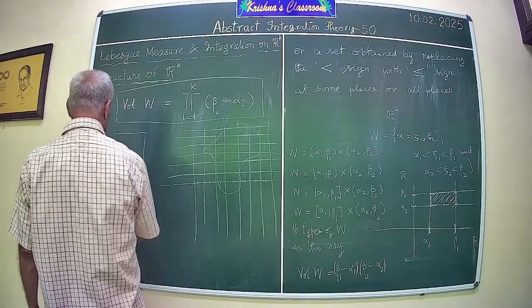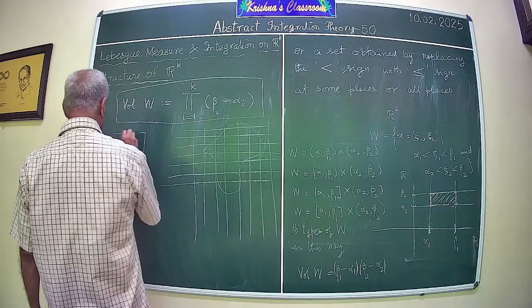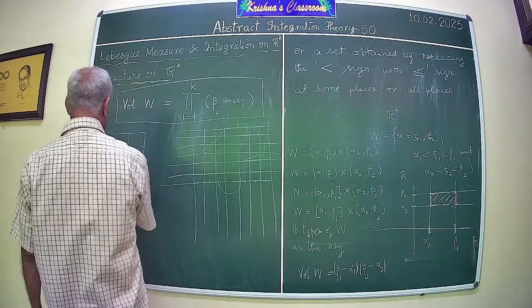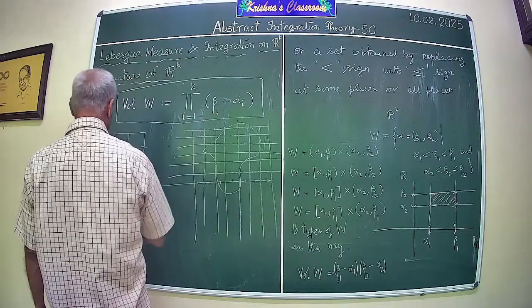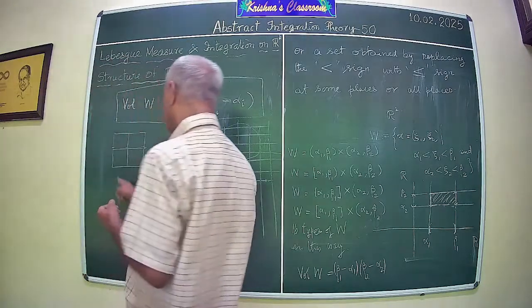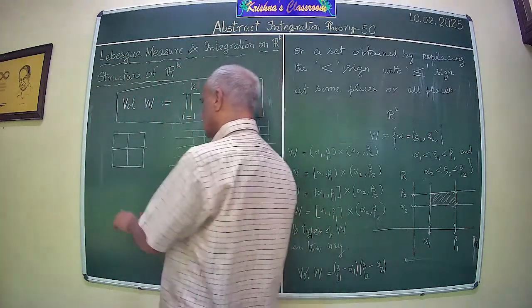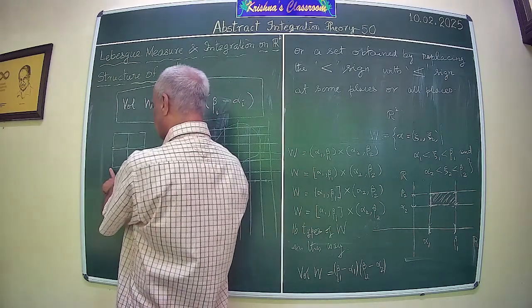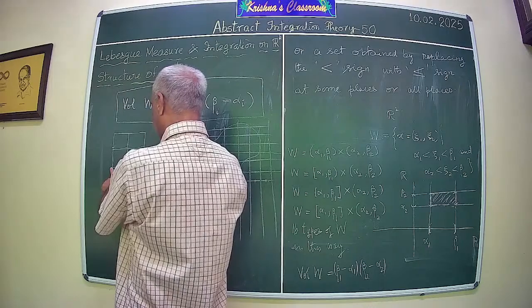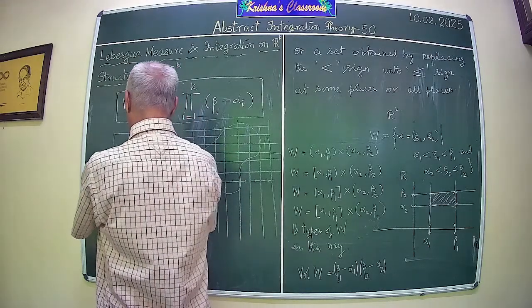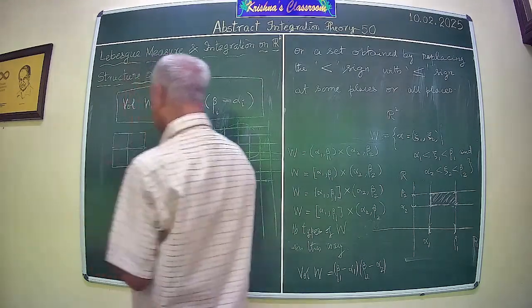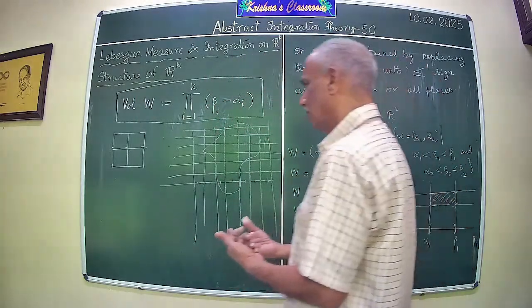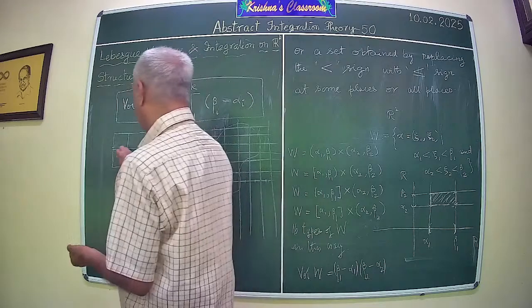This is that of unit length. You divide each side of these rectangles, this unit length, into 0 to half and half to 1 and so on, so each has length half of the unit length, and then there are 4 such squares.